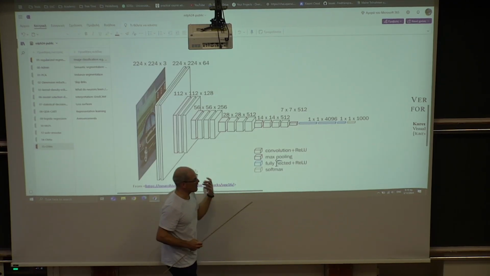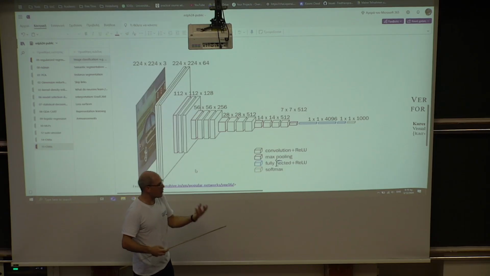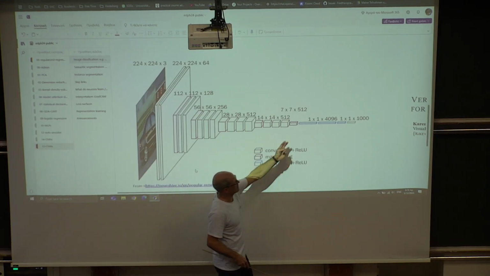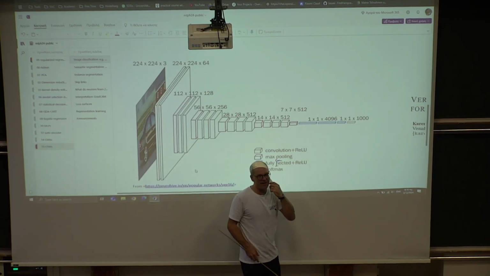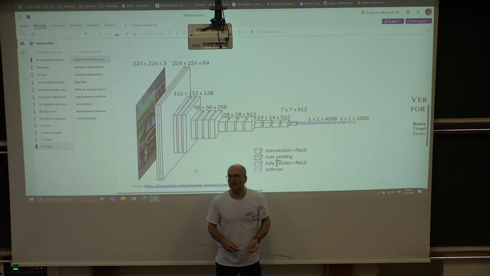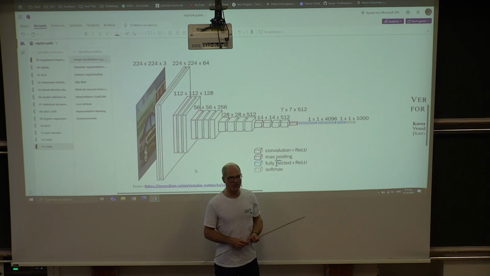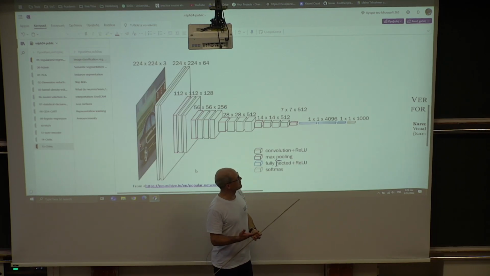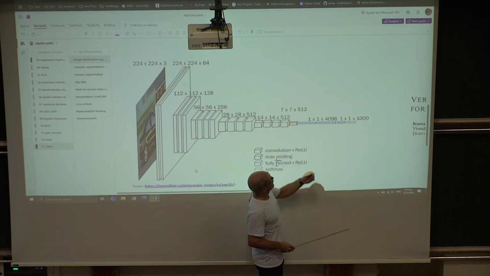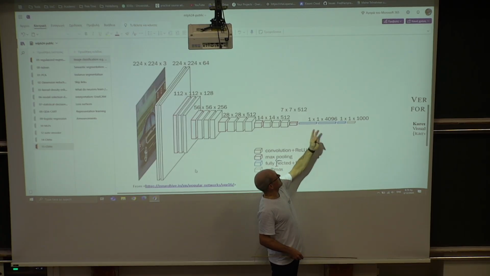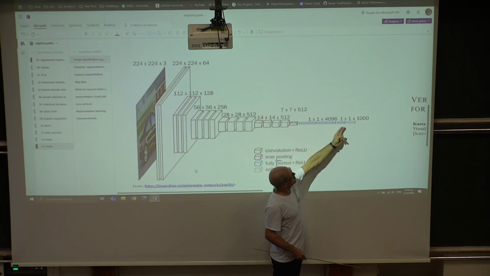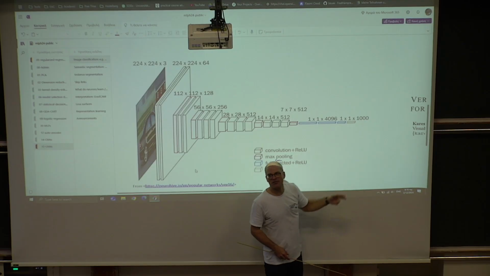So our entire image has become a point in 4,096-dimensional space. And now, if we want to classify points in some Euclidean space, we know what to do. We use a multi-layer perceptron, and here "multi" is a bit exaggerated, like it has 1, 2 layers and a softmax, and that's it.